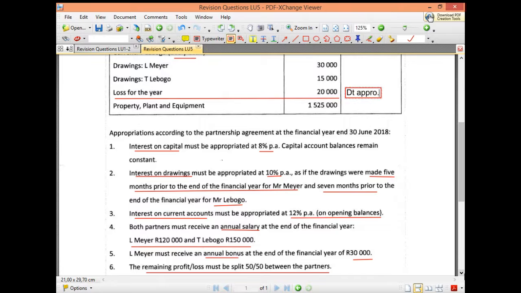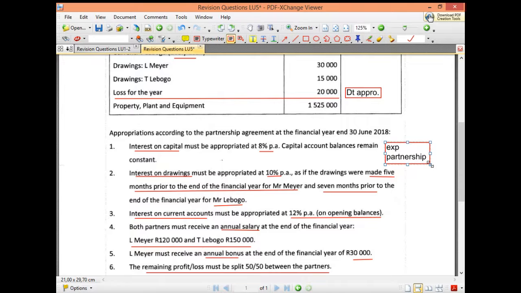Now, if I've got interest on capital, is it an expense or income for my partnership? Okay, so it's an expense for the partnership. And it is income for your partners.